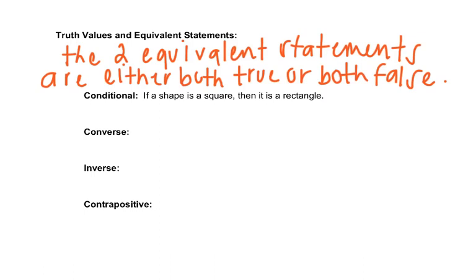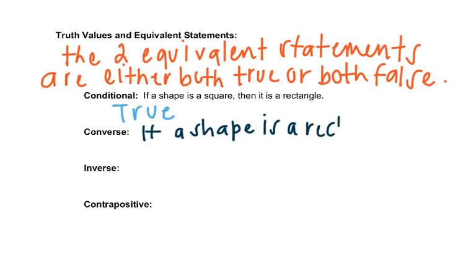Alright, so looking at this first example, if a shape is a square, then it is a rectangle. And we're going to come to find that that is true. Now we're going to write out our converse, which is just switching our P and our Q. So if a shape is a rectangle, then it is a square.